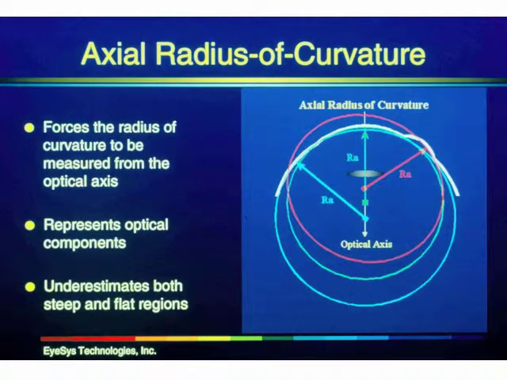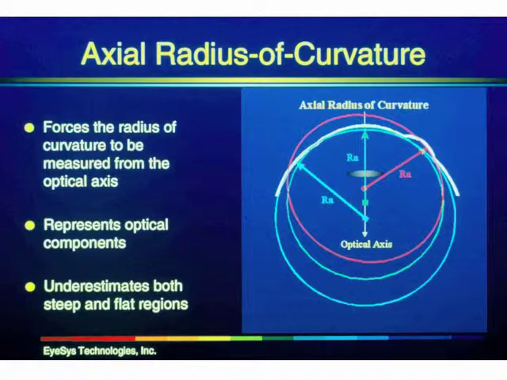So once more, this is axial radius of curvature, where we're constraining the fulcra of the radii to fall along the patient's optical axis. And you can see that when it comes to the Salzmann's nodule, we've drawn a circle that matches the curve of the Salzmann's nodule fairly poorly. And you may or may not get the gestalt too, that the radius of curvature measurements here are a little bit more spread out.